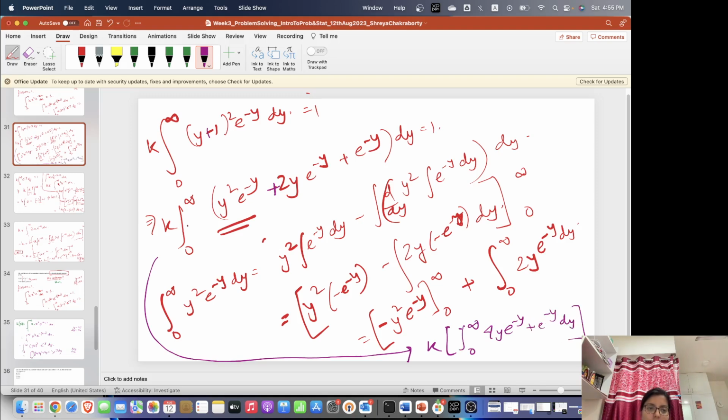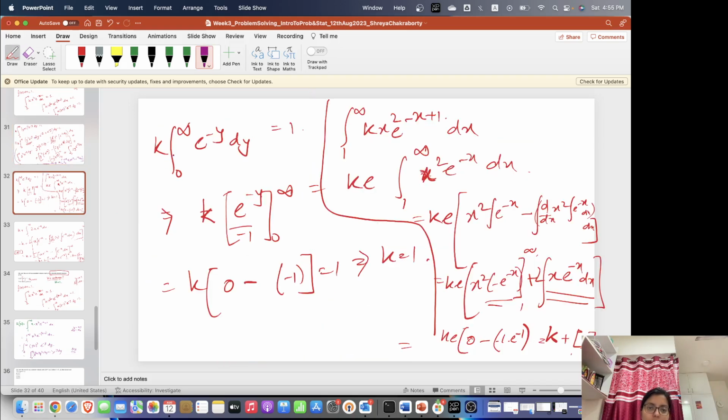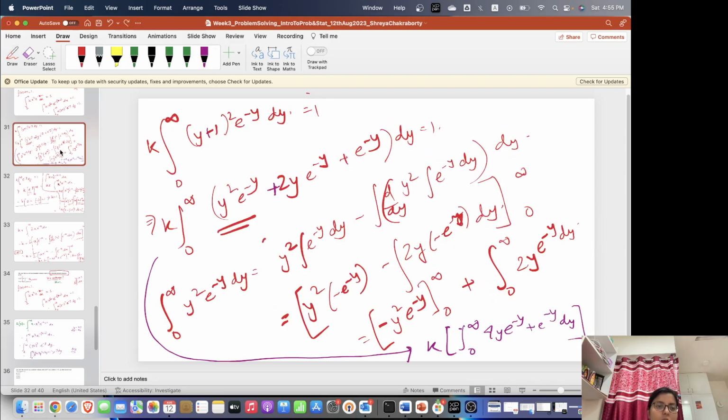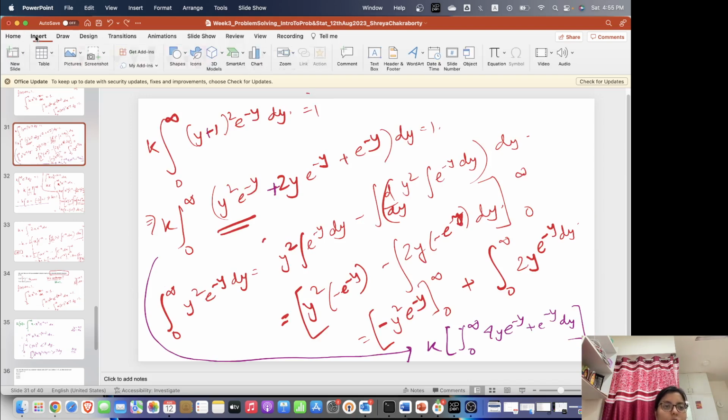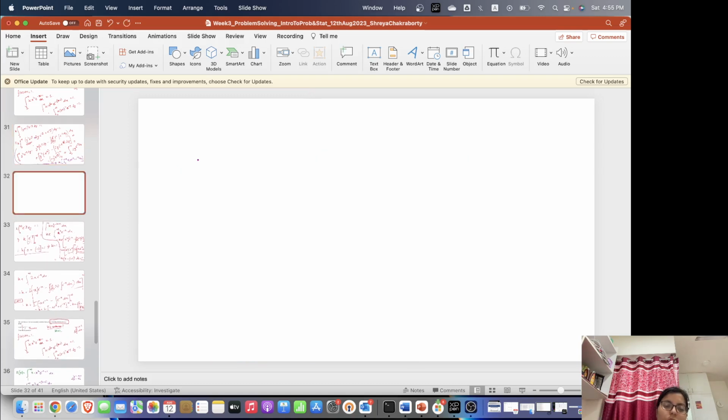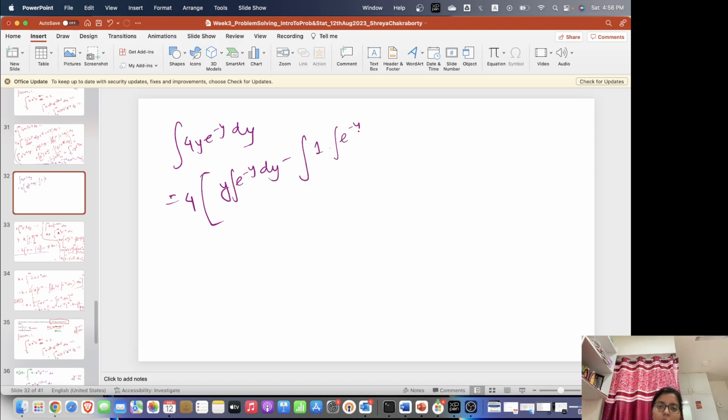So then if we do integration of 4y e to the power minus y dy, this will be 4 into y e to the power minus y dy minus of 1 into e to the power minus y dy, again dy.